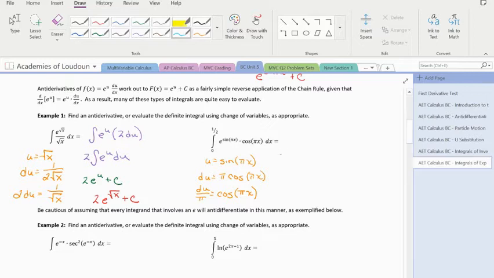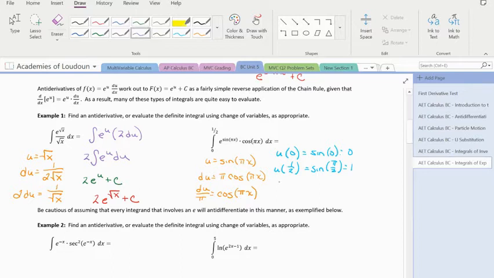So we have u of 0 is going to be the sine of 0, which we know is 0. U of 1/2 would be the sine of pi over 2, which we know is 1.